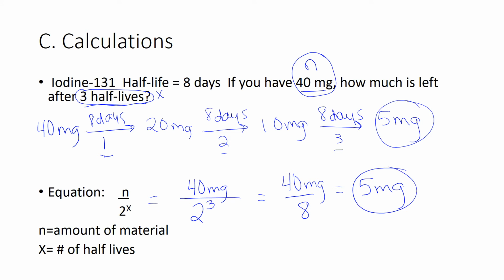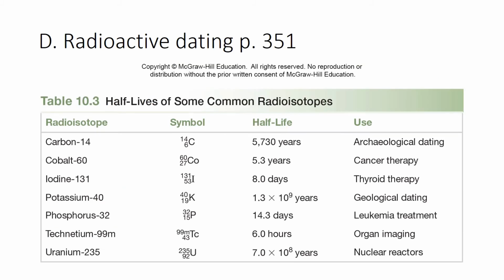So this is a little bit easier way, and it just costs you having to memorize the equation and what the variables stand for. Your book has a nice table, 10.3 on page 351, that shows a bunch of common radioisotopes and their half-lives as well as their use. So we mentioned carbon-14, very long half-life.